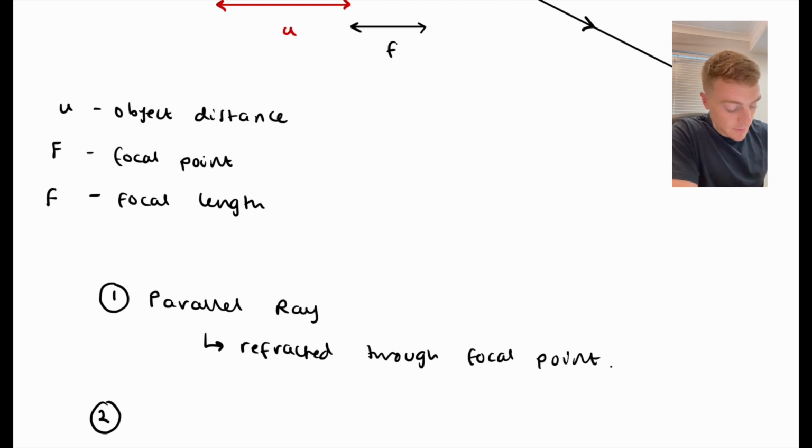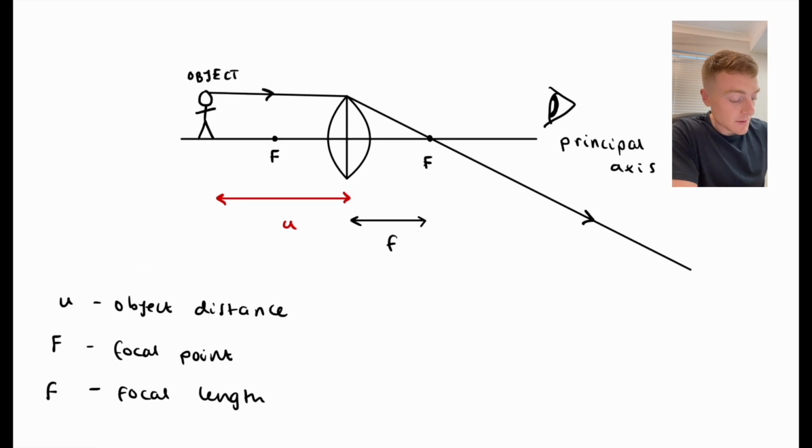And then we need a second ray. Now our second ray passes through the center of the lens and it goes through unrefracted. So let's say we want to find where the person's head is going to be after passing through the lens. We draw a straight line passing through the center of the lens and it's completely unrefracted. Okay.